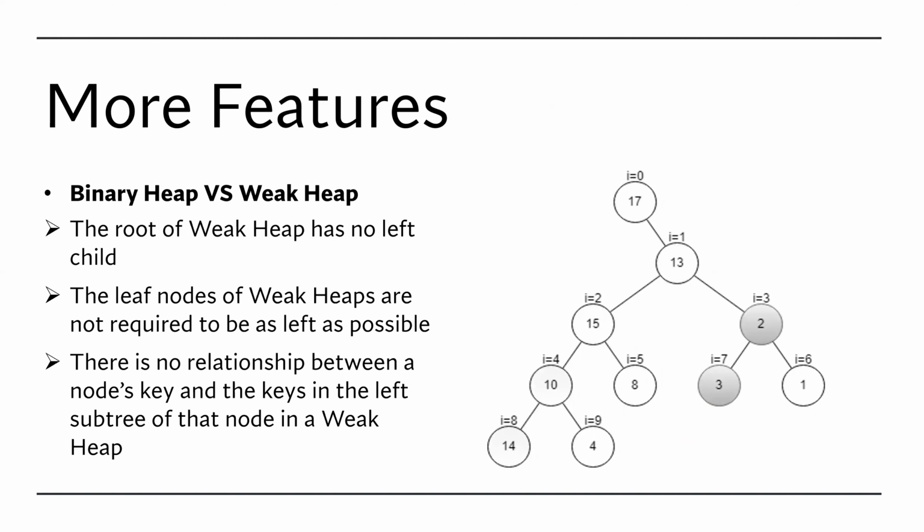And finally, there is no relationship between a node's key and the keys in the left subtree of that node. For example, here, the left subtree of the key node of 13 has 2 nodes greater than 13, that are 15 and 14.